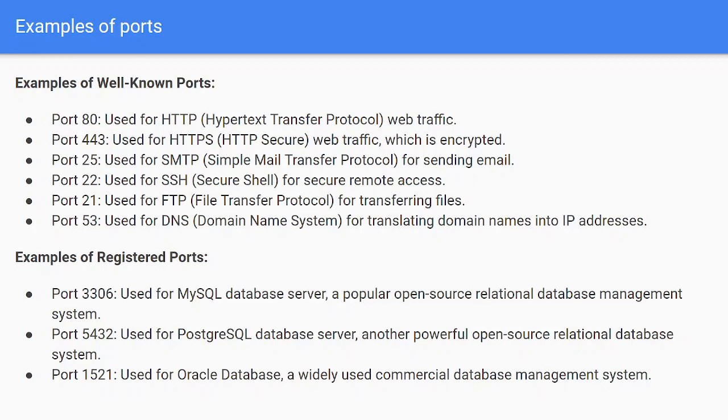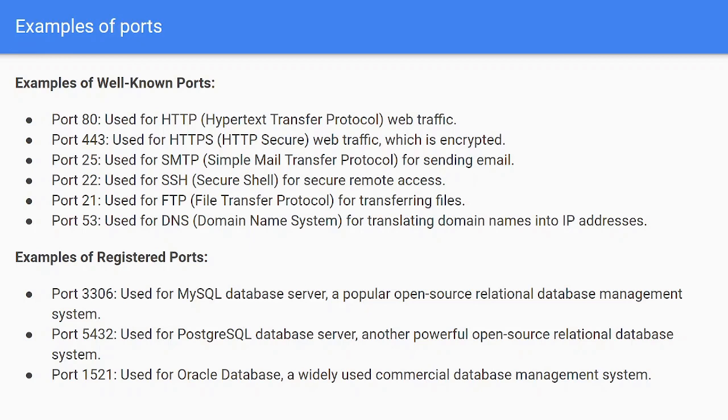Port 25 is SMTP, for sending mail. Port 22 is SSH, to secure remote access. Port 21 is File Transfer Protocol, for transferring files. Then we have DNS, port 53, which translates domain names into IP addresses.